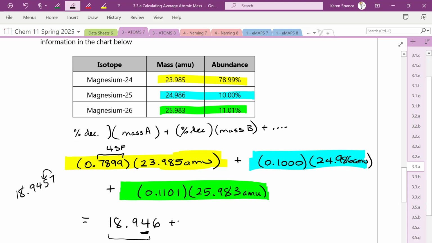Okay, our next one, 0.1 times, oh, I can do this one in my head, 24.986.